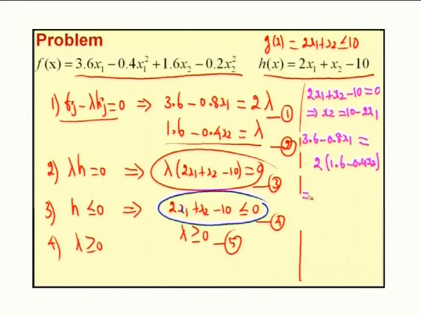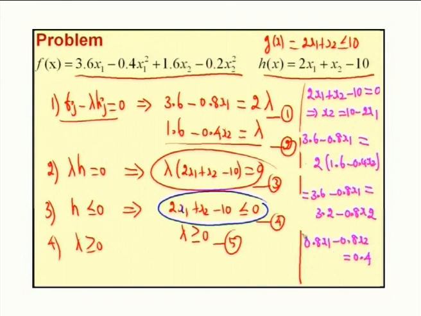Now, this equation can be written as 3.6 minus 0.8 x1 equal to 3.2 minus 0.8 x2. Simplifying, we have 0.8 x1 minus 0.8 x2 equal to 0.4.